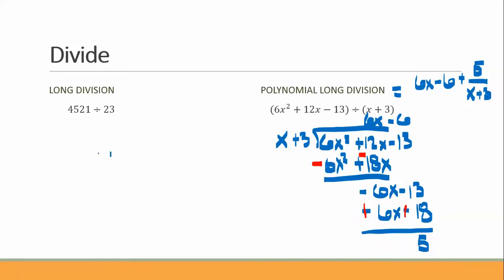So to check our answers, we check with multiplication. So we're going to do x plus 3 times, this is the divisor, this is what's out here, times the part that's up here, so 6x minus 6, and then we add our final remainder, plus 5. So then you do your favorite form of multiplication. Remember, we have to distribute everything. So we have 6x squared minus 6x.